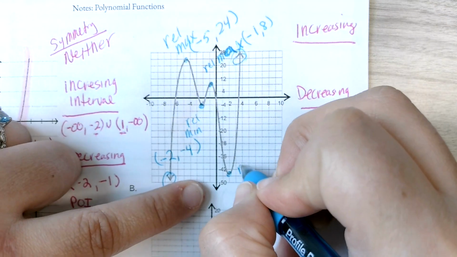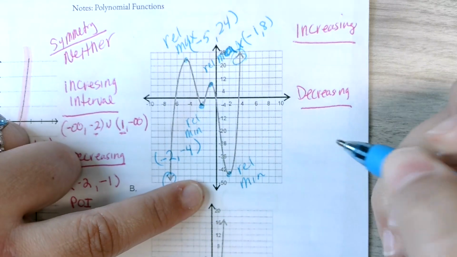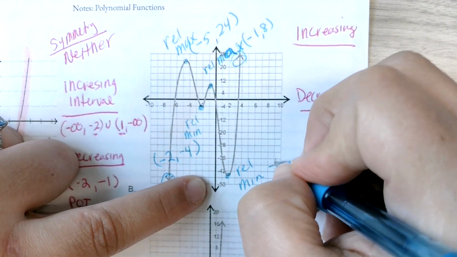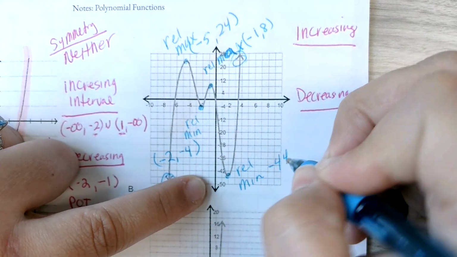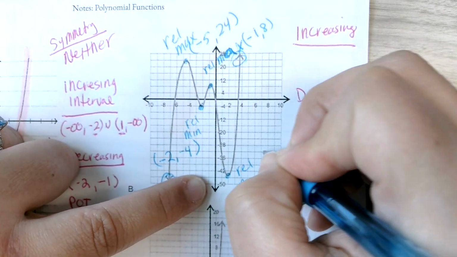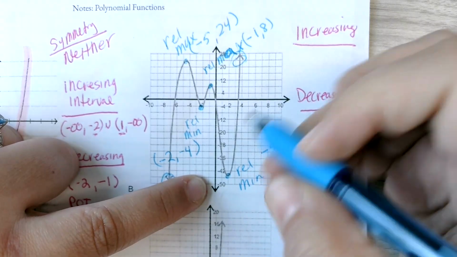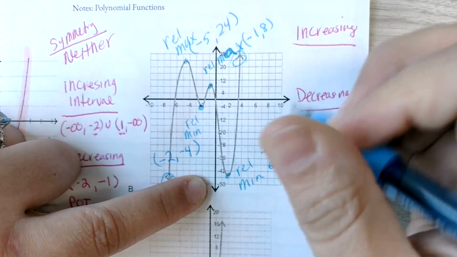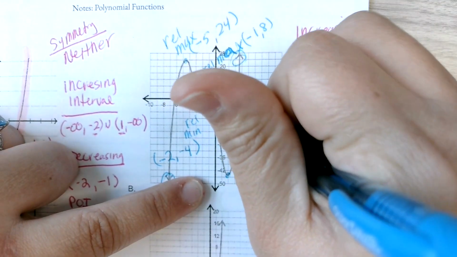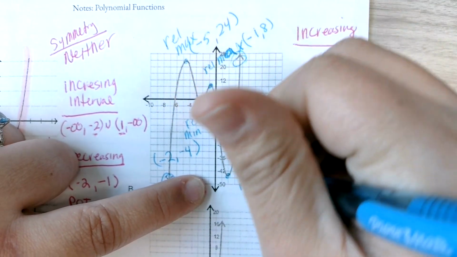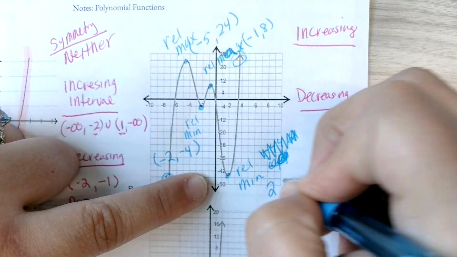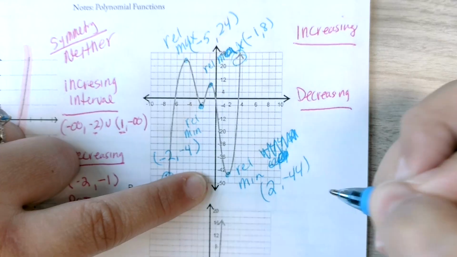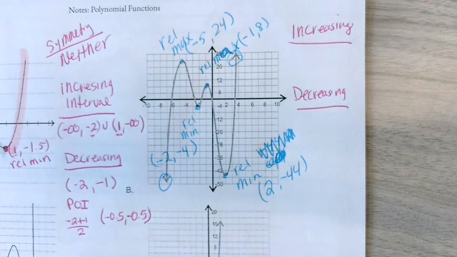And then another relative min, and this guy, -4 on the y-axis. Sorry, the x-axis, and +2. I'm backwards today. +2 on the x-axis and -4 on the y-axis. I apologize.